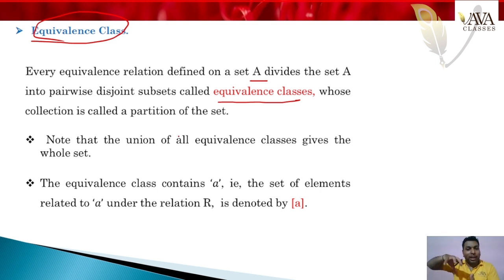That is, by the equivalence relation, a set A can be partitioned. The union of all equivalence classes is the whole set. The intersection of two equivalence classes may be phi or the same set. Two equivalence classes are either equal or they are disjoint.